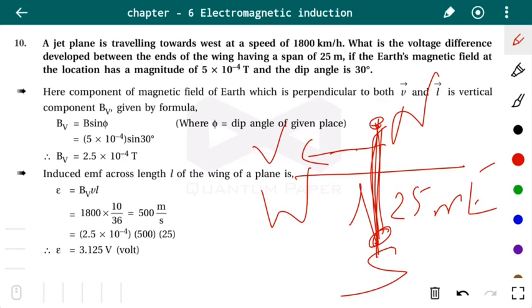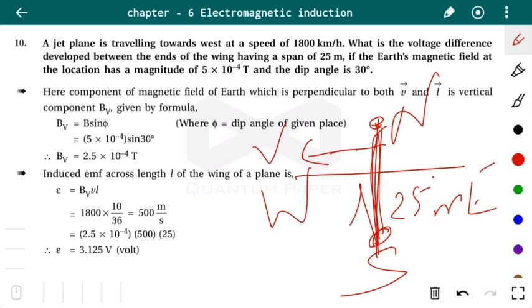Now taking the vertical component of the magnetic field, the component of the Earth's magnetic field which is perpendicular to both the velocity and the length is the vertical component B_V. So here, B_V equals B sine phi. Here the magnetic field is given as 5 into 10 raised to minus 4, and the dip angle is given as 30 degree. So sine 30 degree gives 2.5 into 10 raised to minus 4 Tesla.